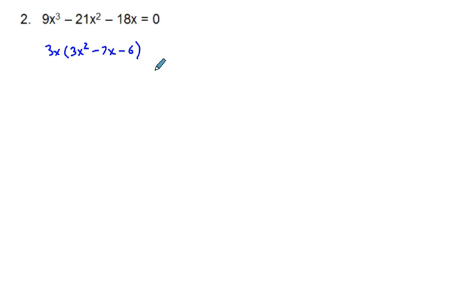Okay, let's try this out here. Again, we're saying this is equal to 0. So if we set 3x equal to 0, we have x is equal to 0. So that again is part of the answer. Next, we have left 3x squared minus 7x minus 6 equals 0.